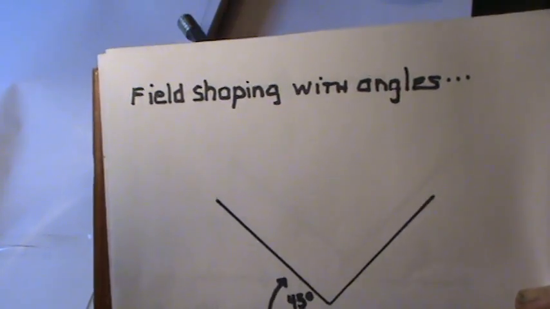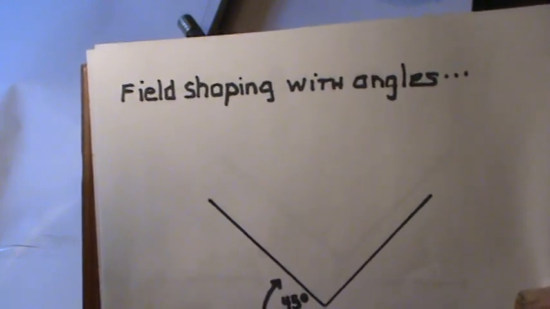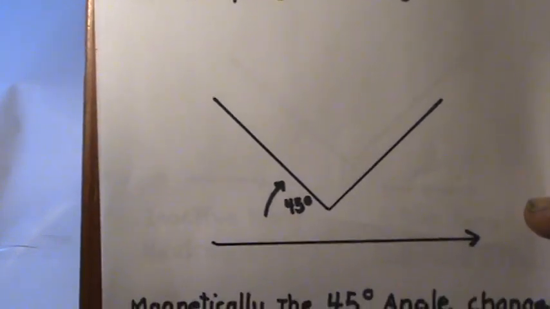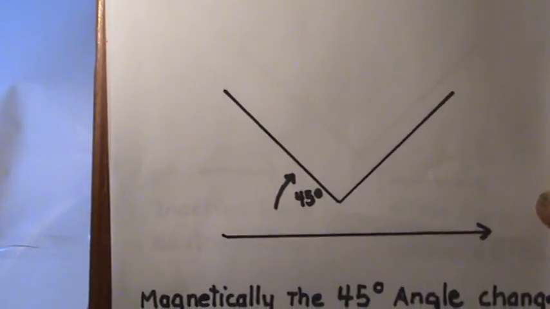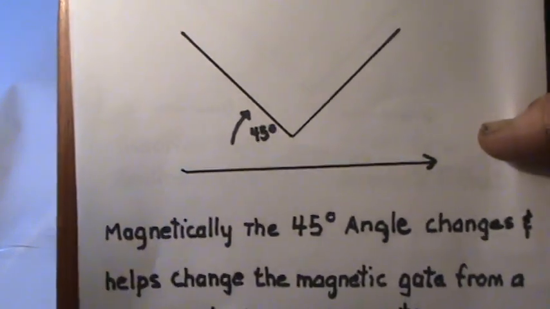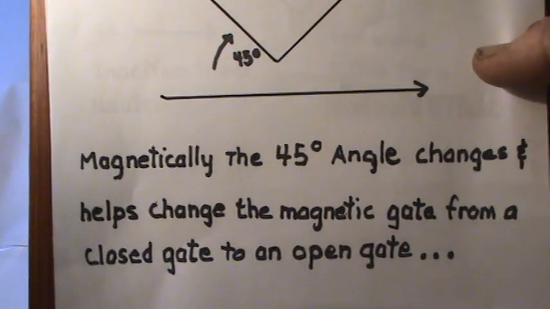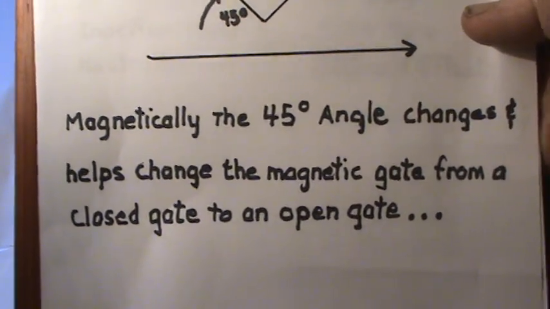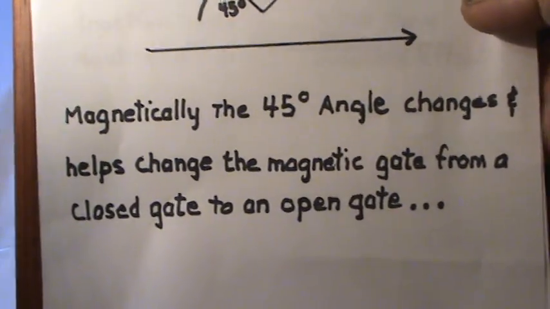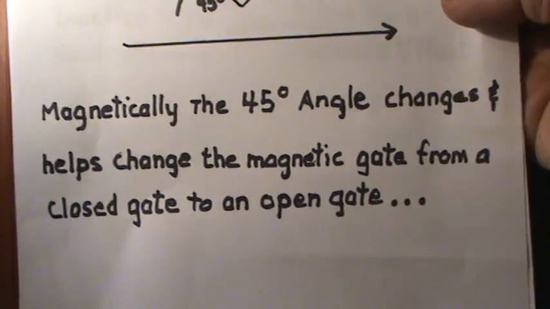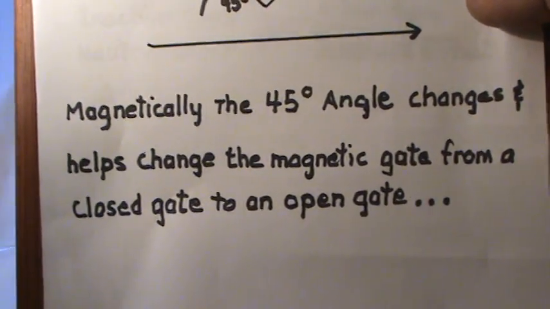This is another principle of the field shaping: angles. I briefly mentioned the 45-degree angle. Magnetically, the 45-degree angle helps change the magnetic gate from being a closed gate to an open gate.